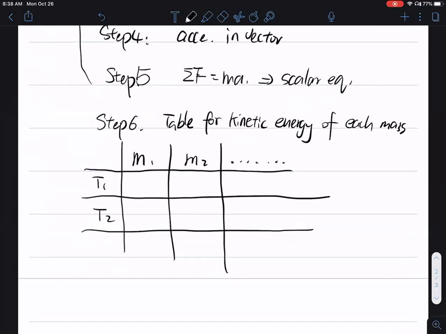So that would be the equation for kinetic energy, just 1/2 m1 v1 square. That's mass 1 at position 1. If you have mass number 2, same deal, 1/2 m2 v1 square. The only difference is m2.